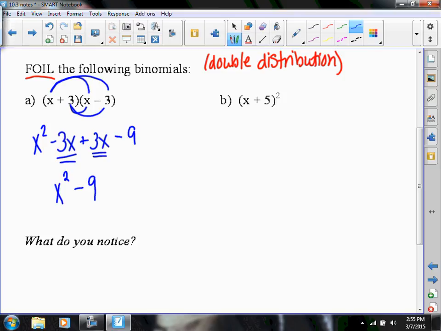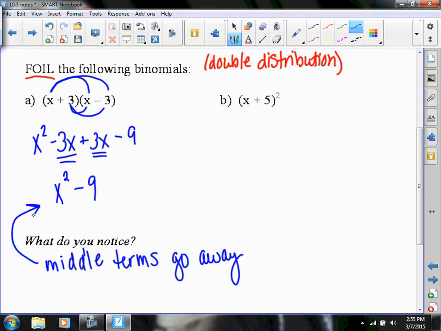Okay, so that's one observation there, that the middle terms go away. Now there's another special name for this type of binomial, this x squared minus 9, so we'll talk about that in a moment.